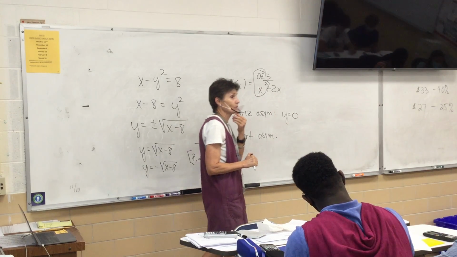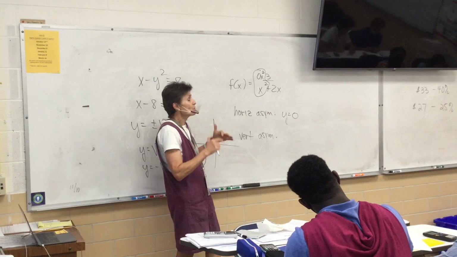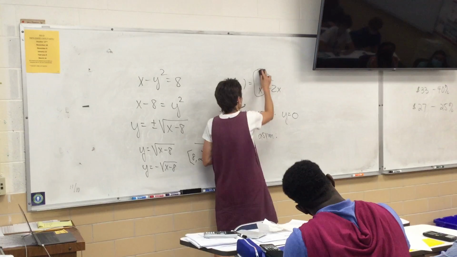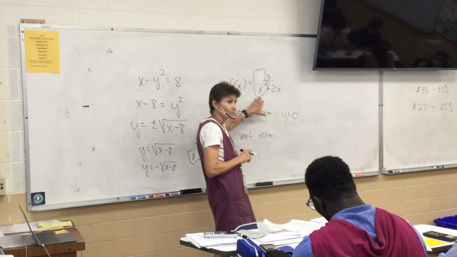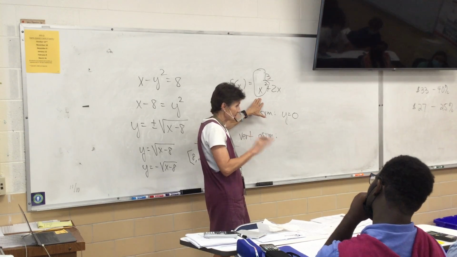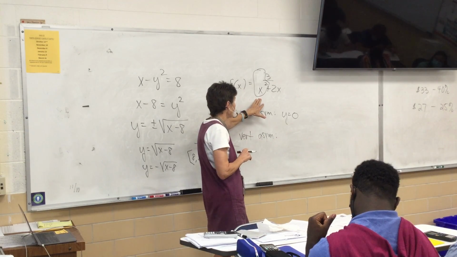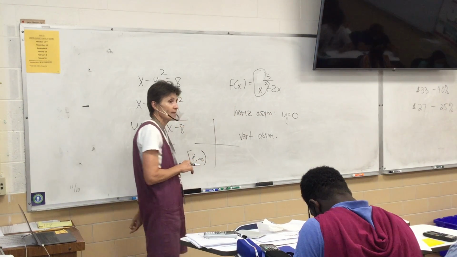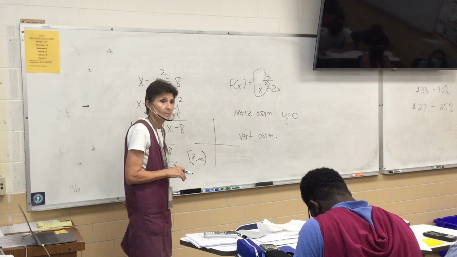Horizontal asymptotes are limits. If you think about x getting really, really big, doesn't that fraction get really, really small? Hence, 0 is your limit or your asymptote. Now, what about vertical asymptotes? Where do they come from? They come from the x's in the denominator.